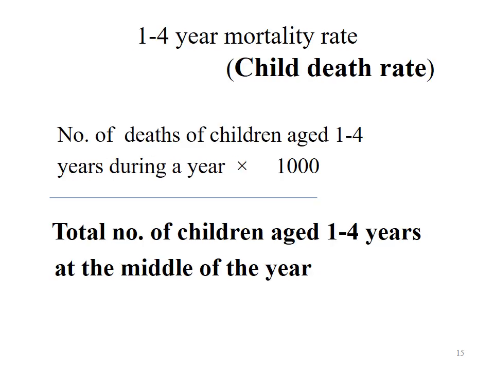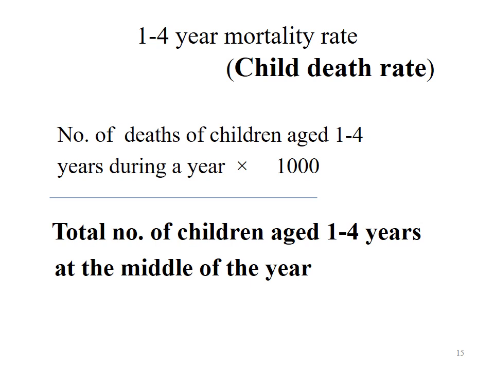Child death rate, or 1 to 4 year mortality rate, is slightly different. It encompasses the deaths among the children after the completion of 1 year until the completion of 5 years. So after the first birthday to before the fifth birthday. During this period, if a child dies, then it is included in the statistics.